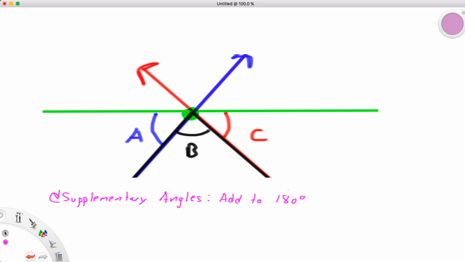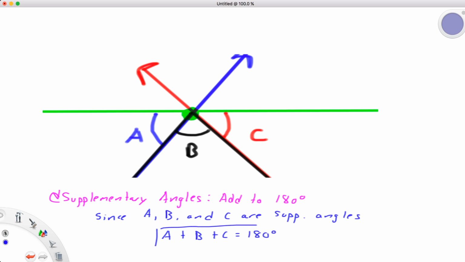And now at this point, you might be able to see where we're going with this, because since A, B, and C form supplementary angles, their sum has to be 180. So the measure of angle A plus the measure of angle B plus the measure of angle C has to equal 180 degrees, right?